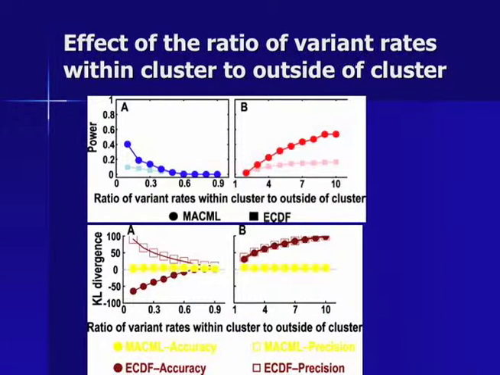Examining from extreme cold spots on the left to extreme hot spots on the right, both on top, MACML exhibits greater power than ECDF. Both the accuracy and precision of estimation, shown on the bottom, of cluster location is better with MACML, whose divergence is near zero, rather than much larger than that with ECDF.